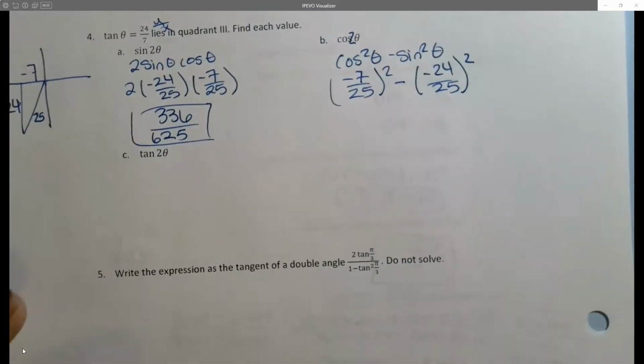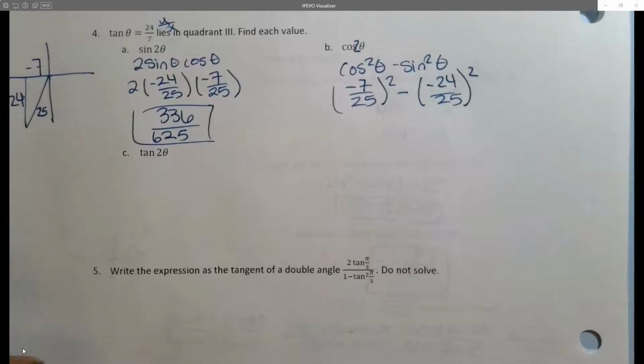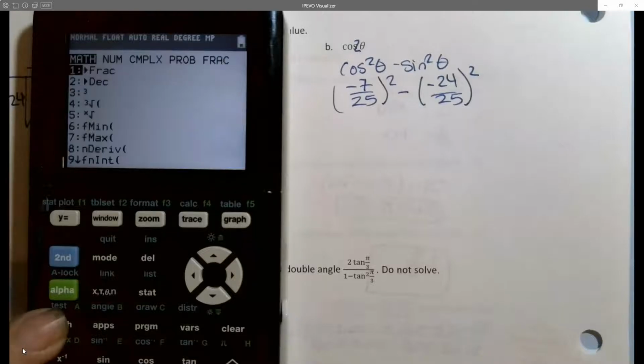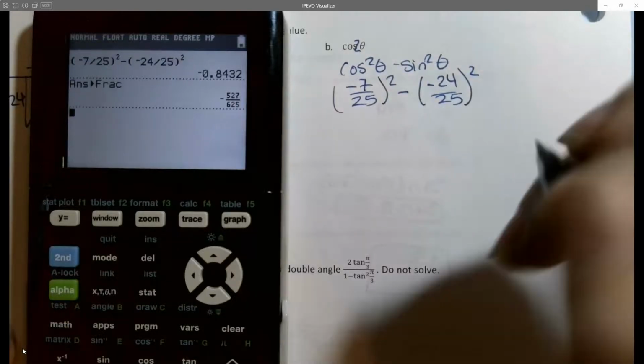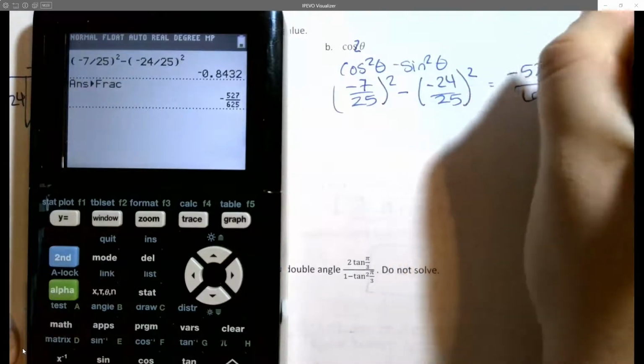Remember, I want this to be in parentheses before I take anything out with that negative, because this one squared is just going to disappear. So I'm going to type this into my calculator. I go to math fraction, and it gives me negative 527 over 625.